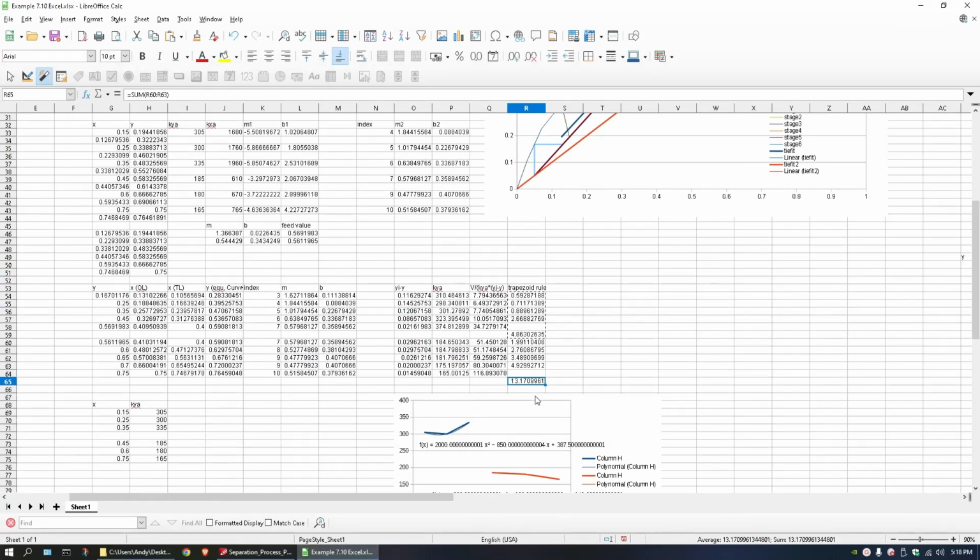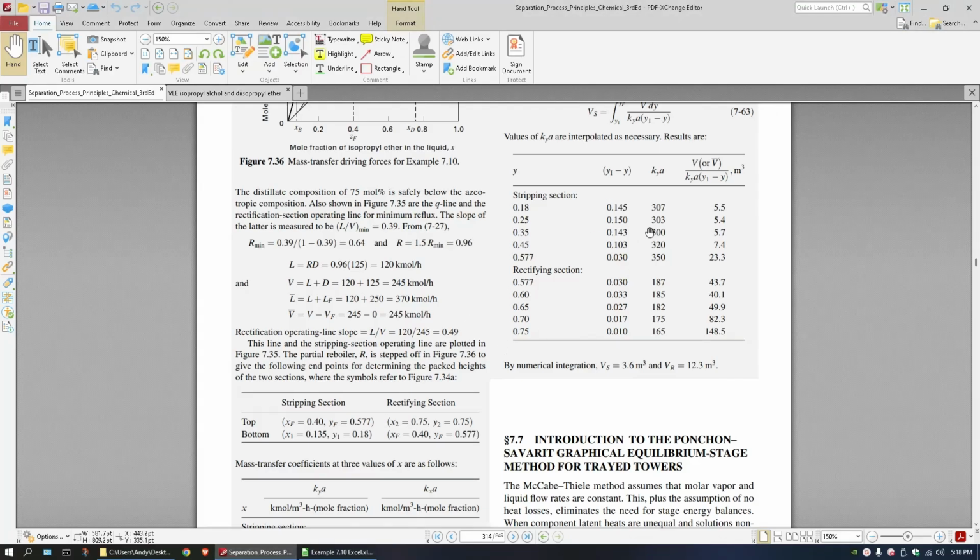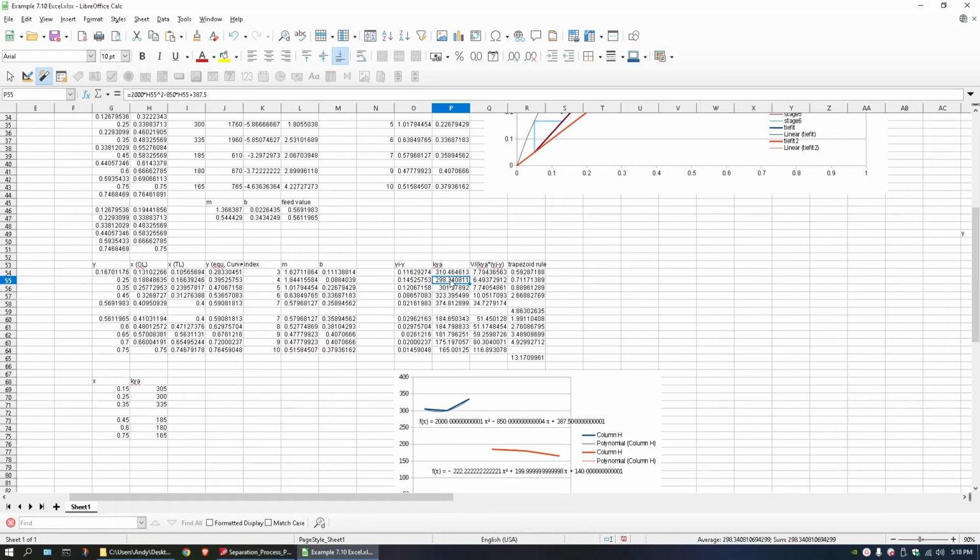It's much closer, probably because these values are more similar. If we actually use the book's values for their KAs, except for the endpoints where we actually did have to do something different, we can see that the values are not going to change dramatically.